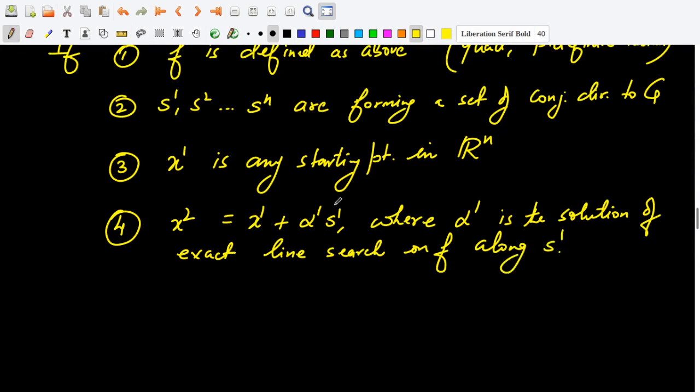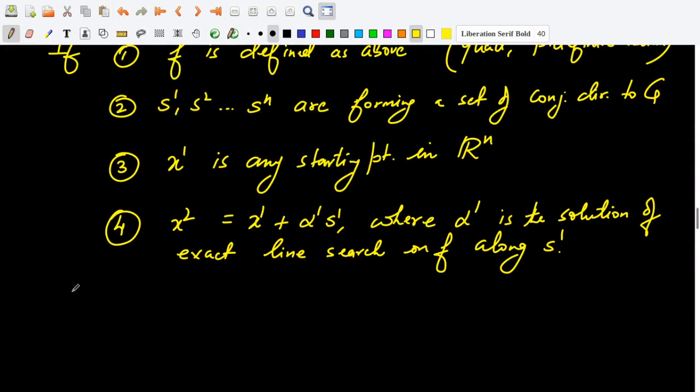Okay, so these directions are already given to us, and these directions are forming a set of conjugate directions to G, and I'm doing exact line search on these directions.